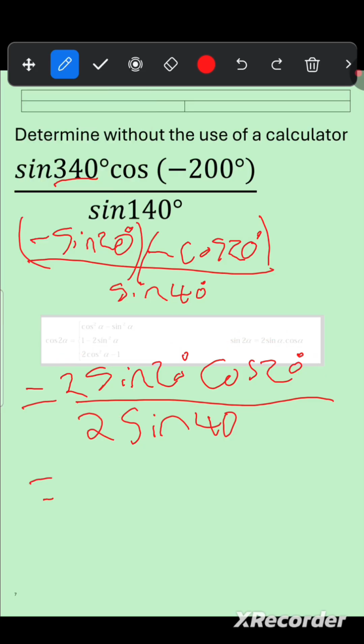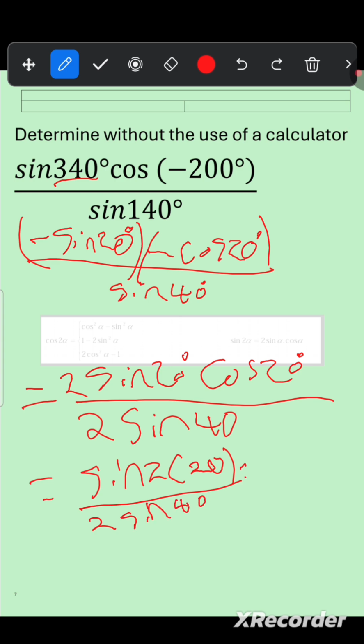This is equal to sine of 2 times 20 all over 2 sine 40, which is equal to sine 40 over 2 sine 40. Then sine 40 and sine 40 cancel. The final answer is 1 over 2.